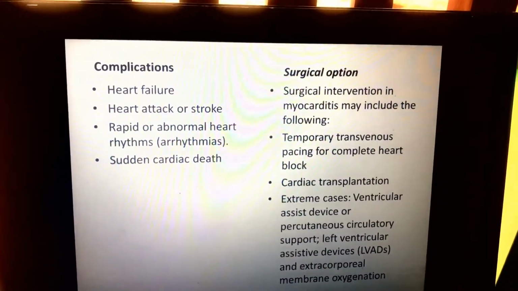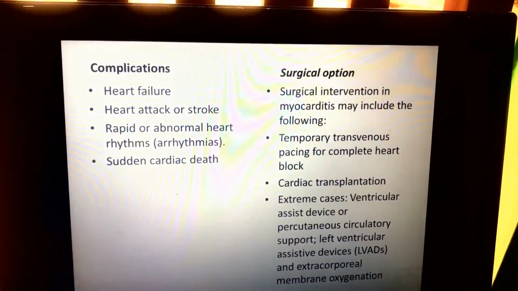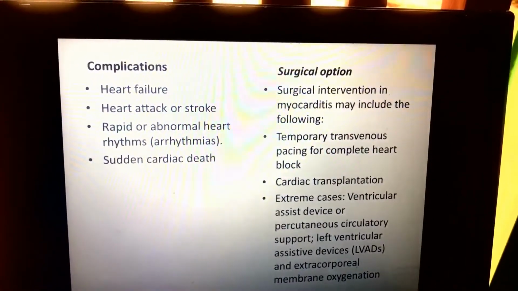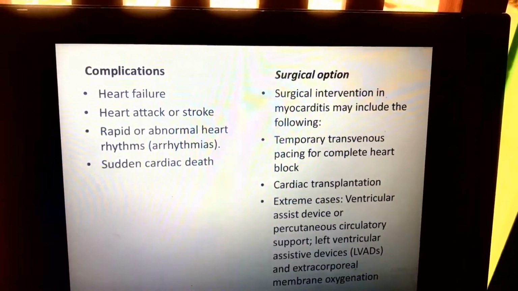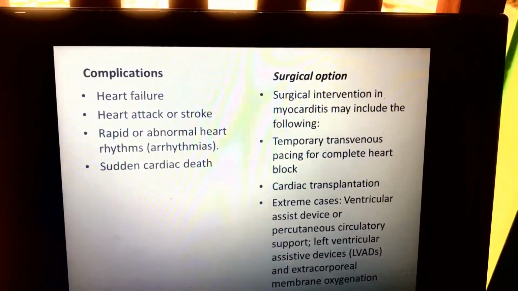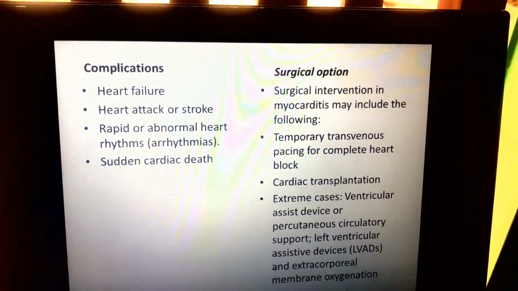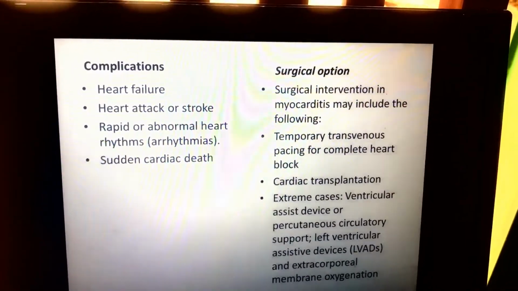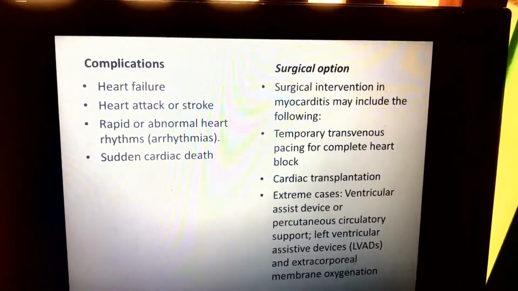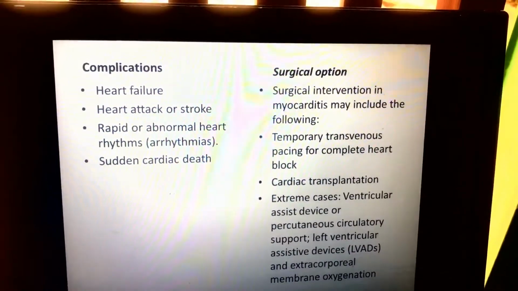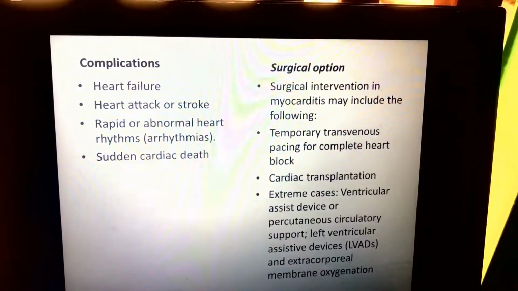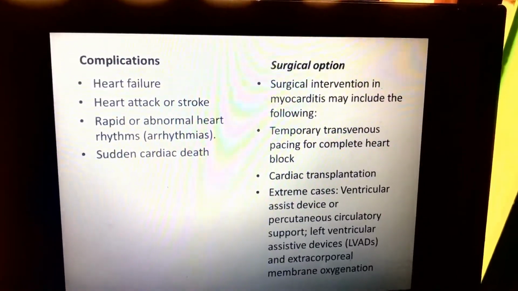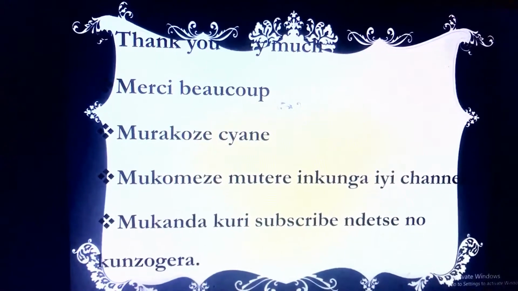And the surgical options in the treatment: the surgical interventions in myocarditis may include temporary transvenous pacing for complete heart block. Cardiac transplantation can be done, and in some cases, ventricular assist device or percutaneous circulatory support, left ventricular assist device can be used. This is advanced care.